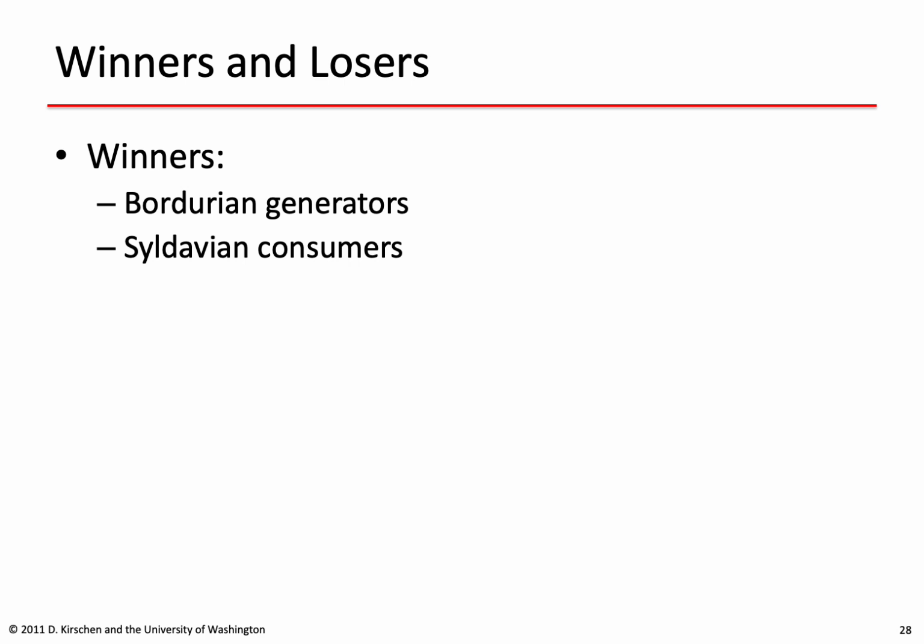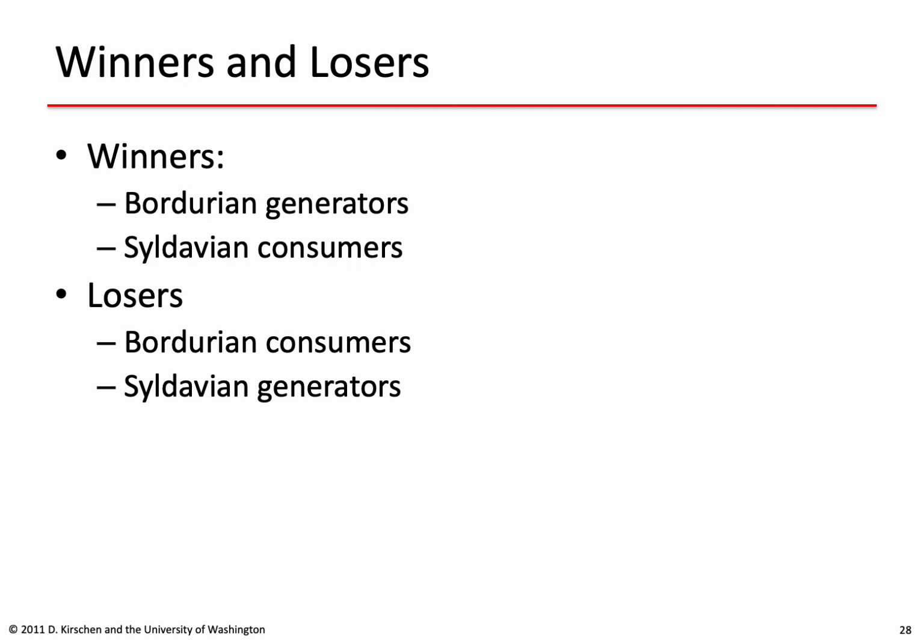And we also have the Syldavian consumers, who get to buy the amount of electricity, which in this case we have assumed is not affected by the price, at a lower price. On the loser side, we have the Bordurian consumers, who pay more for their electricity, and the Syldavian generators, who get to sell less and sell what they have at a lower price.